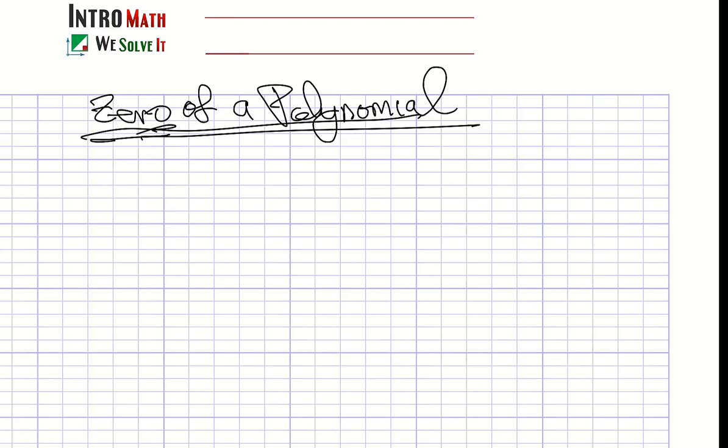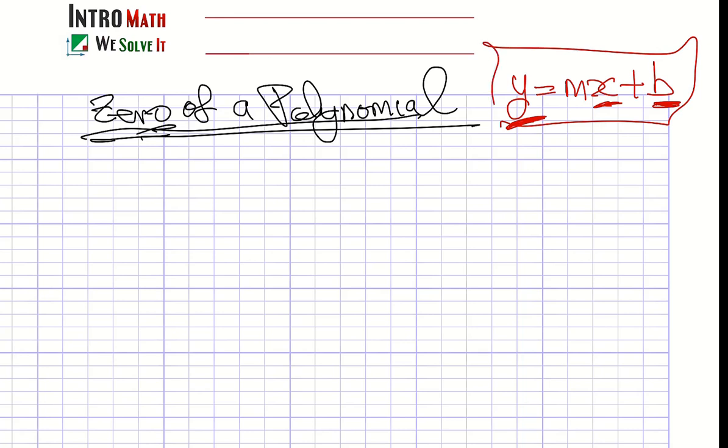We dealt with something like this: y equals mx plus b, where this is the y-axis, x-axis, y-intercept. This is a polynomial in 2 variables, but it's a polynomial with degree 1. So, you may not always have it simple like this.